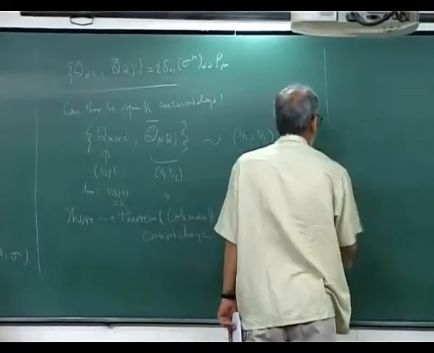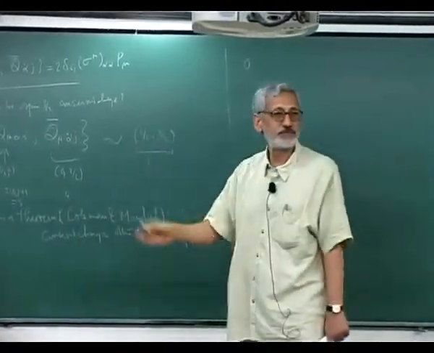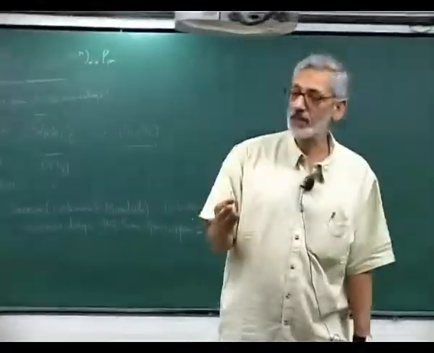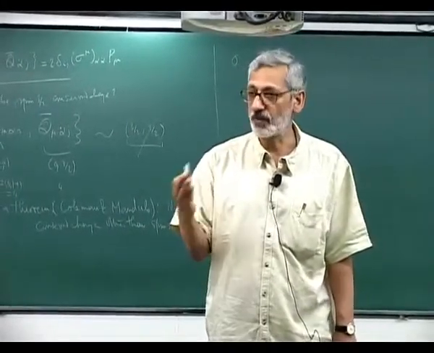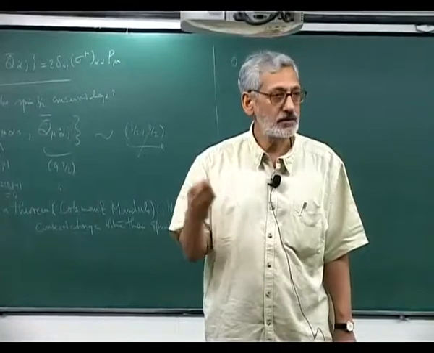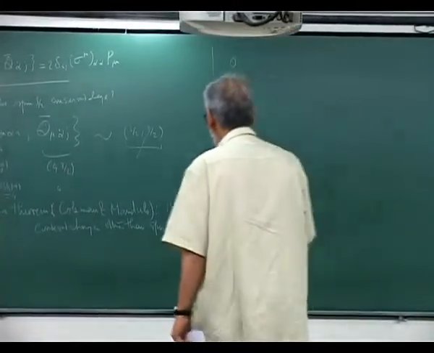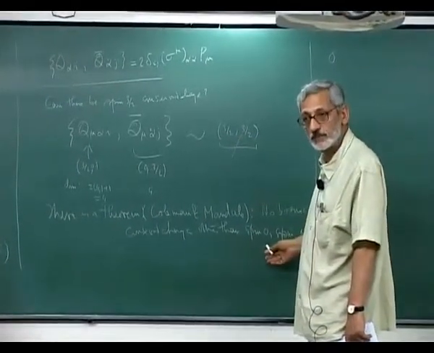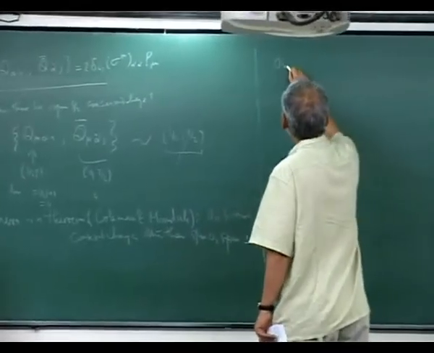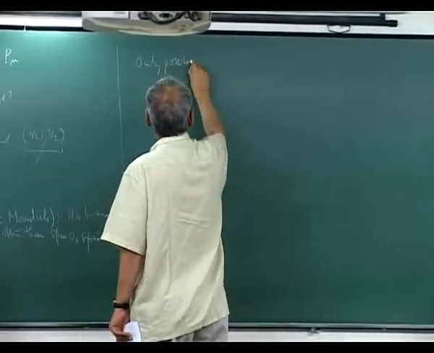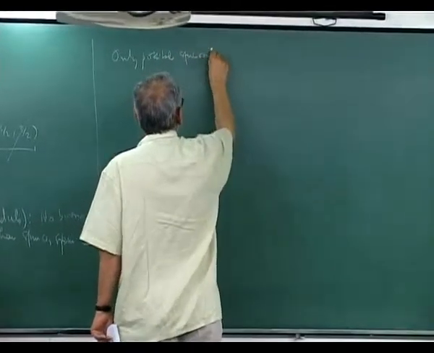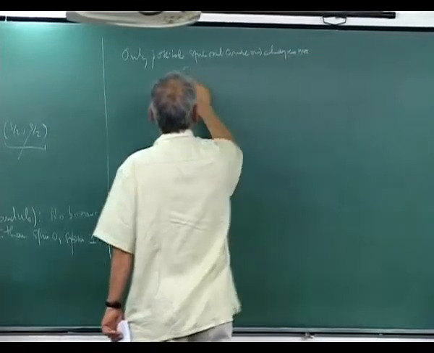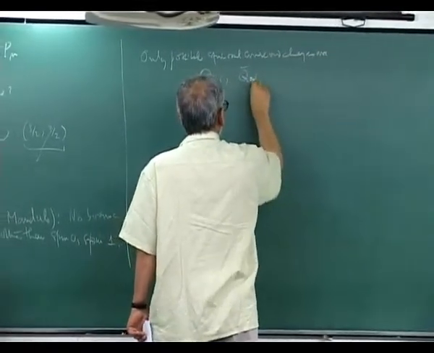Similarly, if you go for 5/2, 7/2, the same argument is valid, because you would need tensorial or vectorial conserved charges of higher spins, and there are none. So the only possible spinorial conserved charges are q alpha I and q bar alpha dot I.